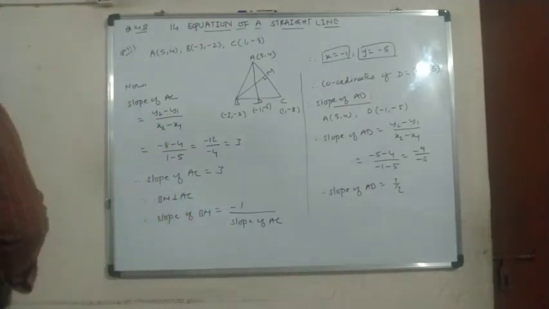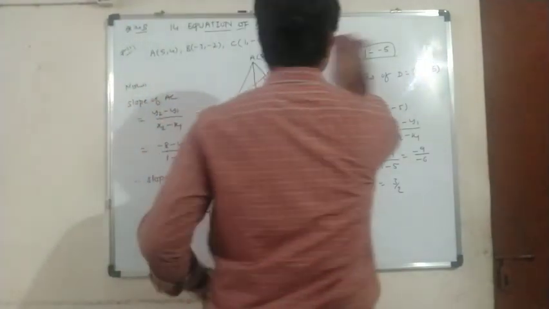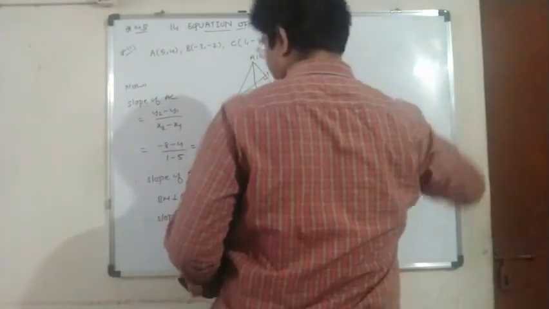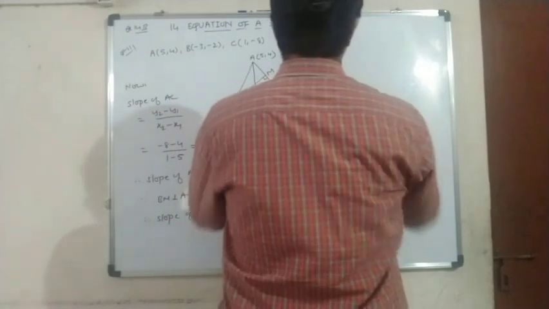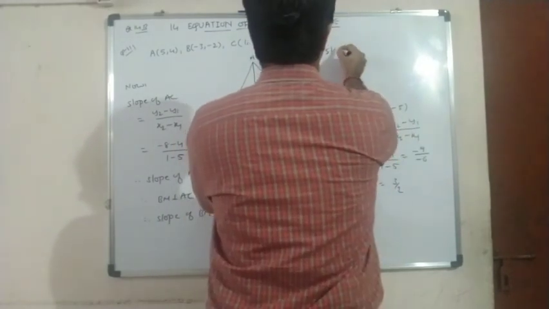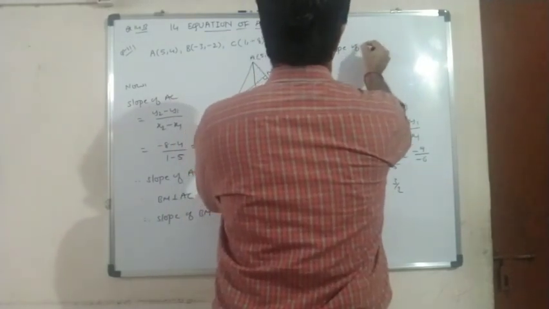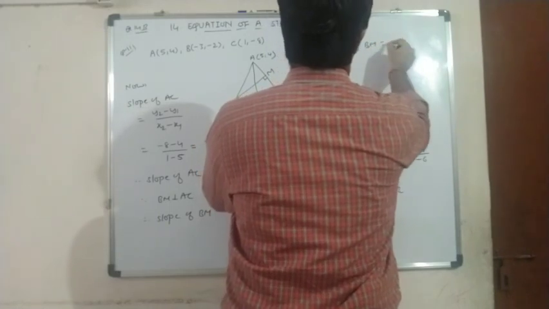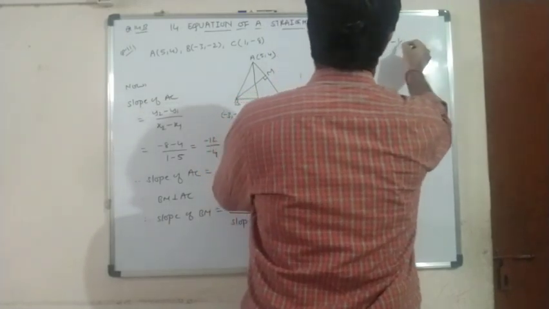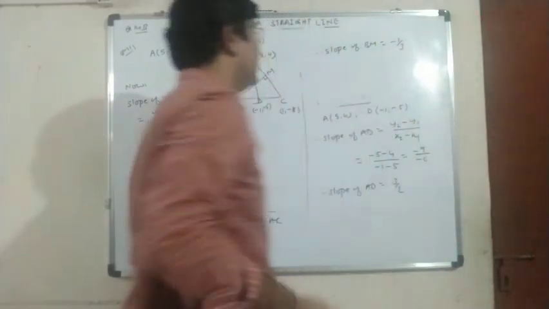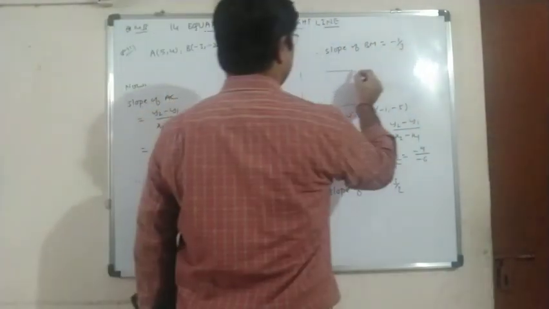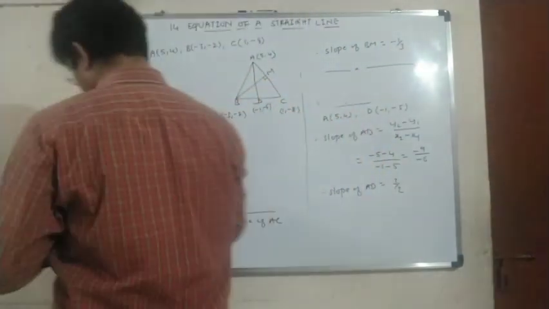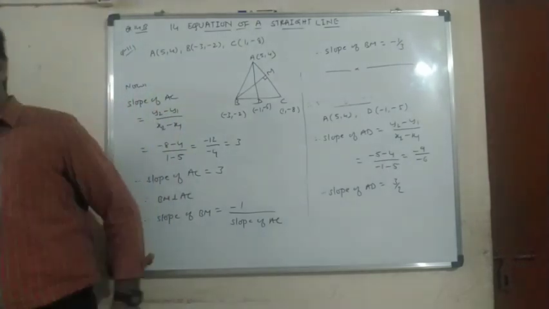So let us write down this last statement, and therefore slope of BM is equal to -1 upon 3. Clear? So this is the second answer. With this, question number 11 is over.